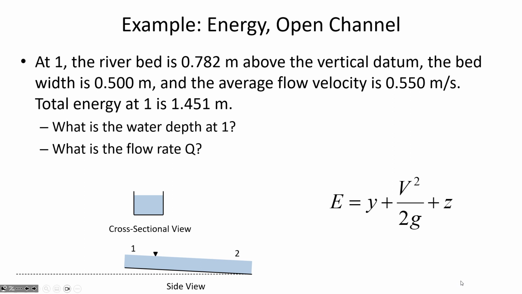But when it comes to open channel flow, you can see that the pressure head is replaced with the depth of the water. We still do have an elevation above the datum and a velocity head term. But if we're at any given point trying to assess how much energy is in the water, we have to take into account the depth of the water, its elevation of the bottom of the channel above the datum, and then the velocity of the flow.